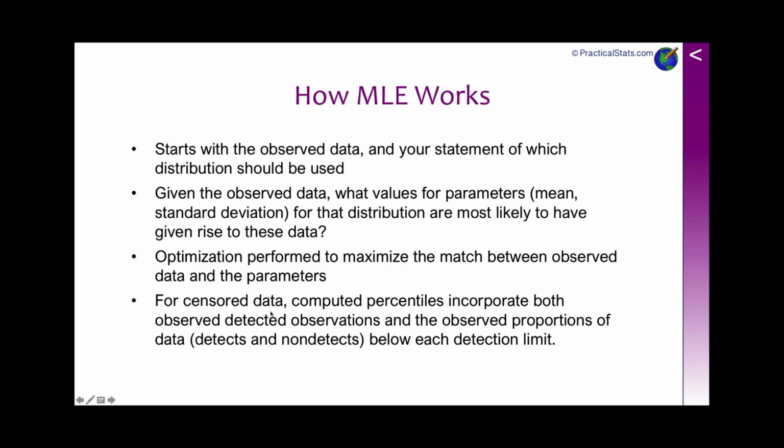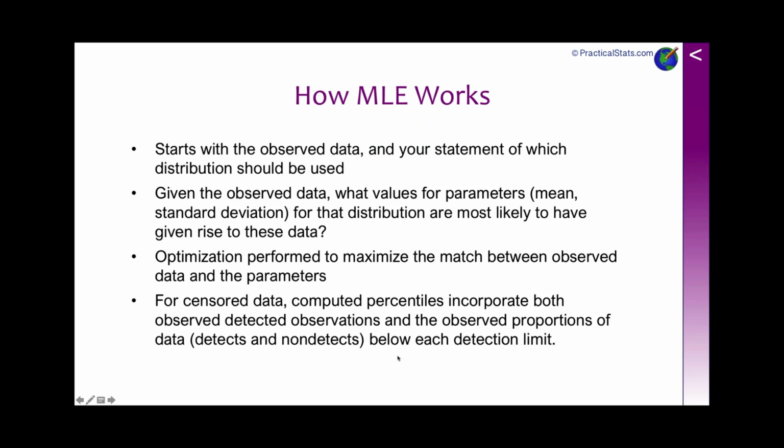And for censored data, it can do that matching by computing percentiles for the detected values, because you know what those values are, and then using the information that you do have about non-detects, the observed proportion of data, both detects and non-detects, that are occurring below each detection limit.